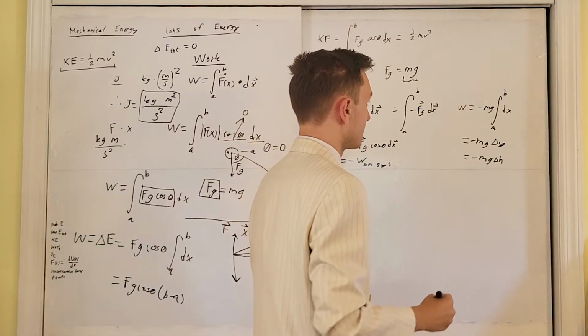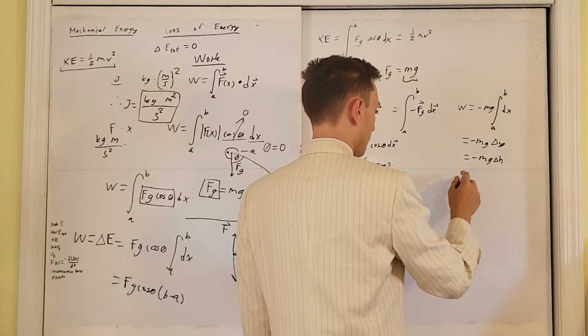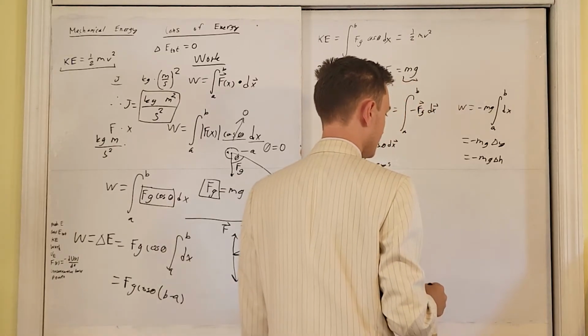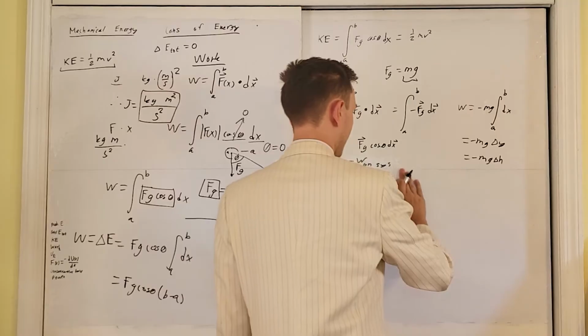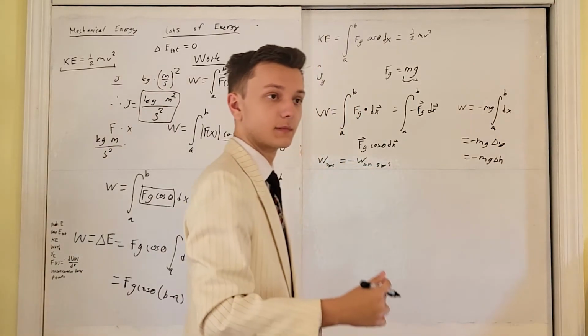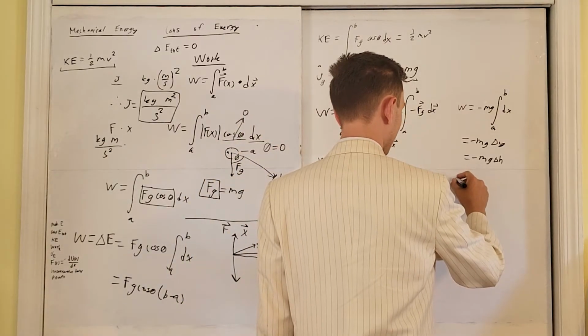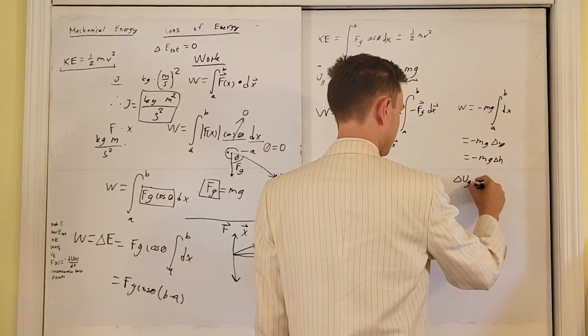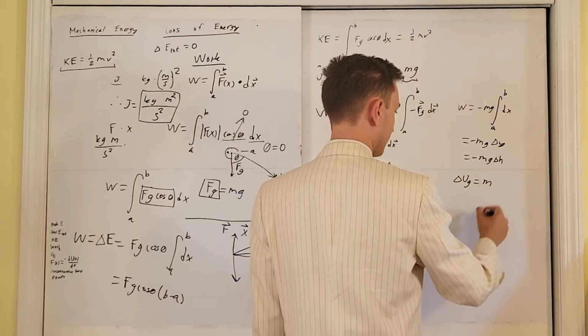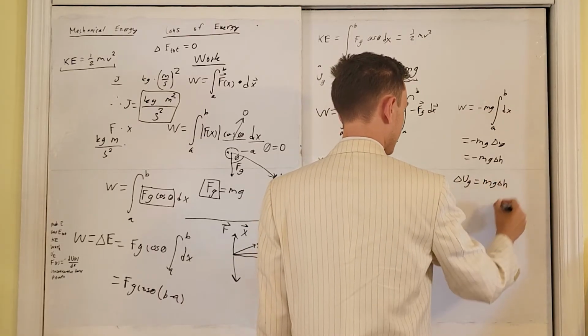okay? So, if our work done by the system is mg delta h, then our work done on the system, the increase in our gravitational potential energy through this motion, is equal to the negative of this value, mg delta h.